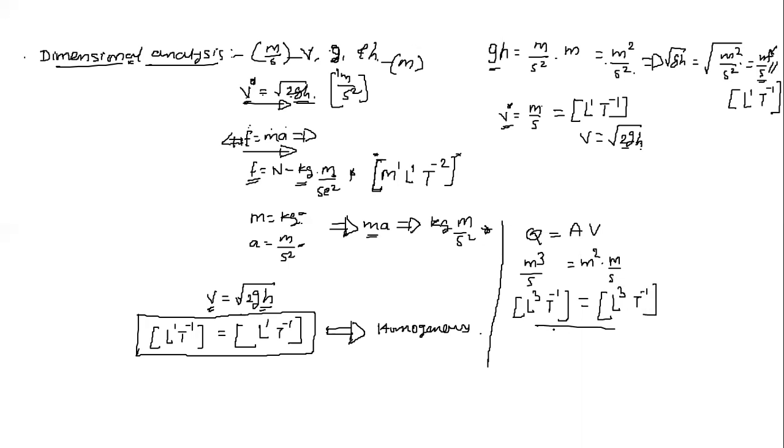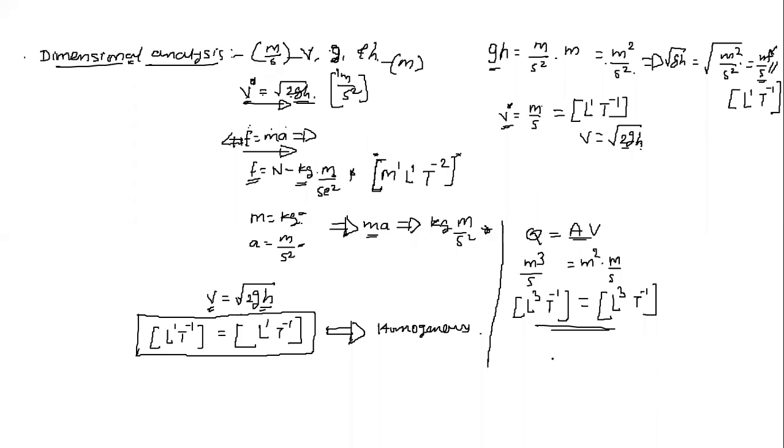So here also the dimensions of the left hand side of the equation are L cube T^-1, which equals the dimensions of the physical quantities on the right hand side, A into V, L cube T^-1. So we can say that this equation is a dimensionally homogeneous equation.